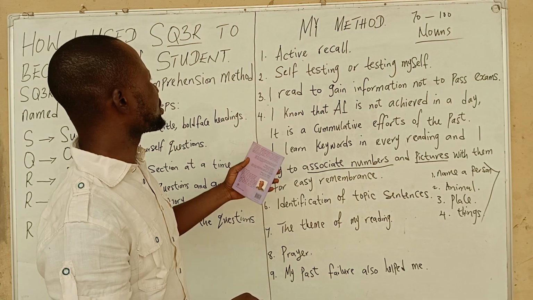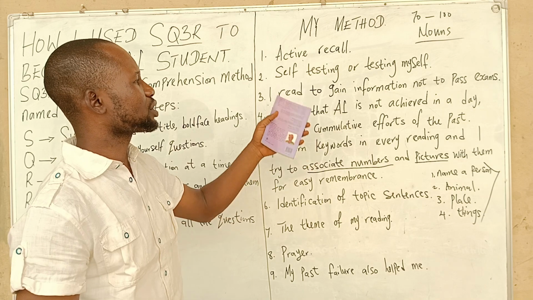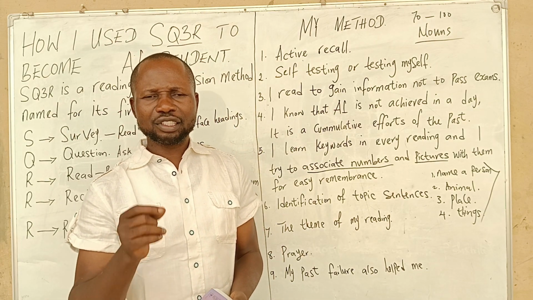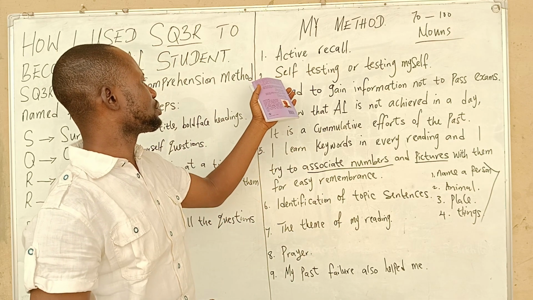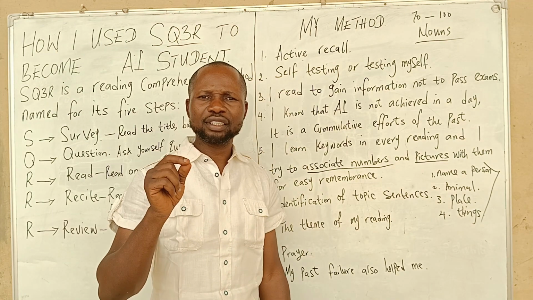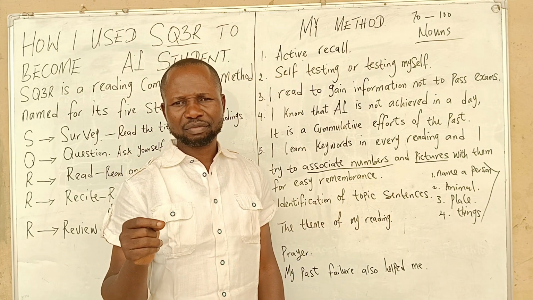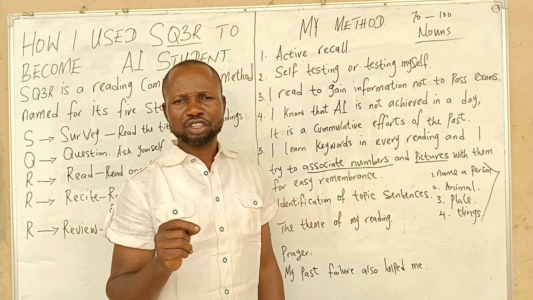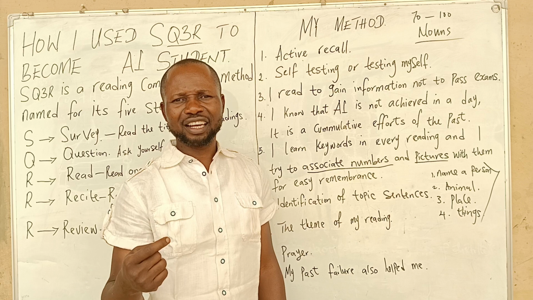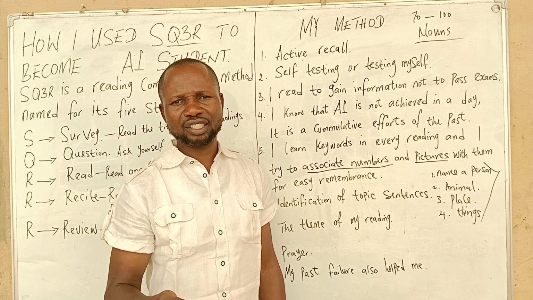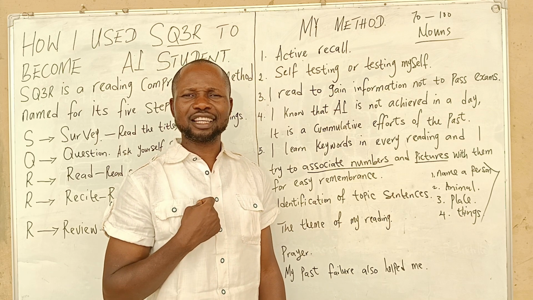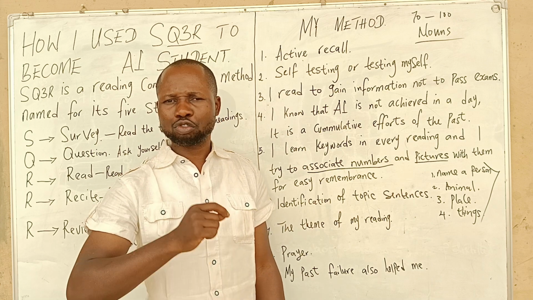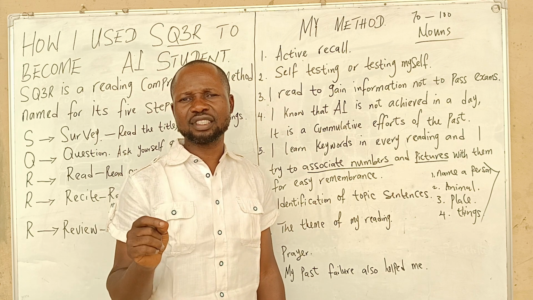Number two is self-testing, or testing myself. At this level, which is number two, I'll pick a pen and my jotter, and I will ask myself questions. Maybe, can I define a noun in 4, 5 ways according to my own understanding? I will write them down, try to define it, try to modify, try to paraphrase it.